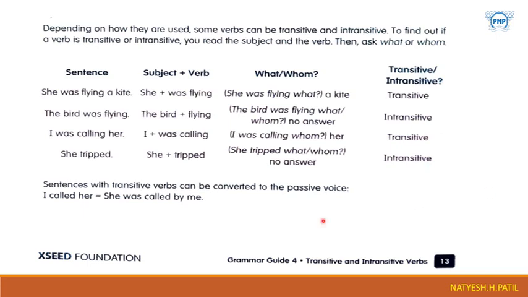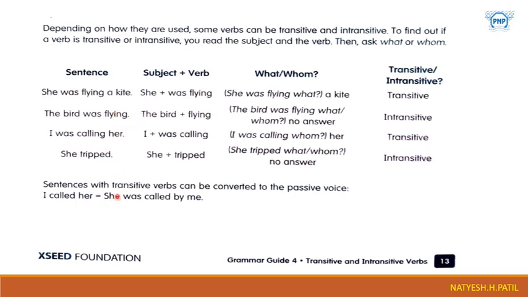Understood? Sentences with transitive verbs can be converted to the passive voice. Just take any sentence, and if you can change it into a passive voice, you have to understand that the given sentence has a transitive verb. How? I called her. She was called by me. But suppose we try to make this sentence a passive voice sentence, will it be possible? Let's try. The bird was flying. So where is the object?